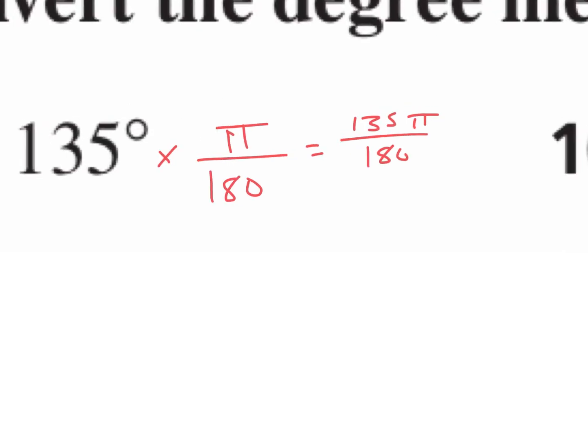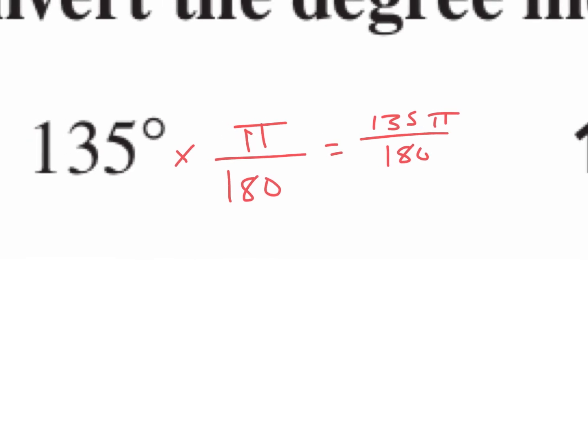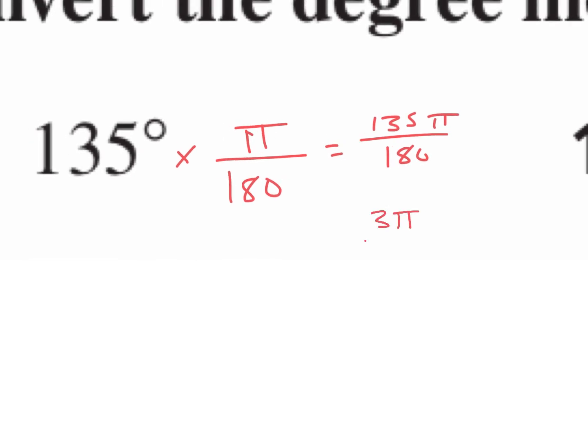What was one of the special ones? It could be 3 pi over 4. Perfect. It's one of the special ones, which is 3 pi over 4. I think 45 goes into both of them. Yeah, it does. So if you divide the top and bottom by 45, you would get 3 pi over 4. So again, you can use your circle on the last page to help you out, or you can just simplify.